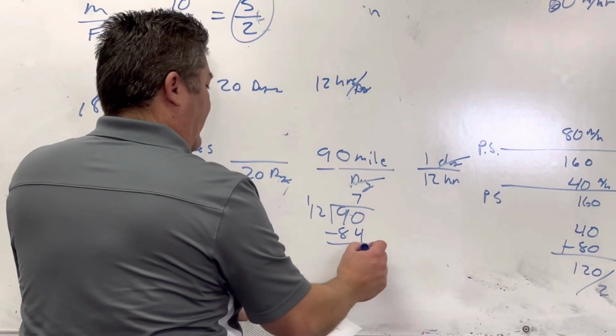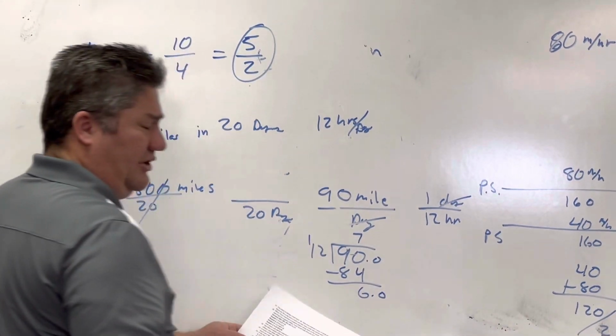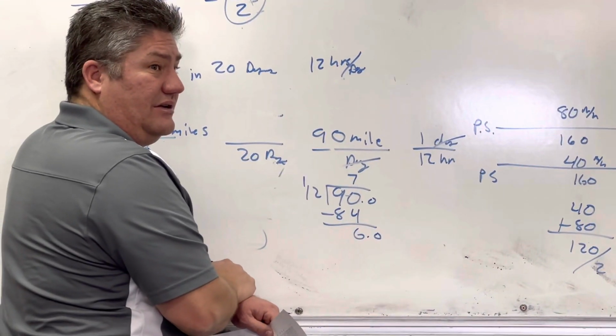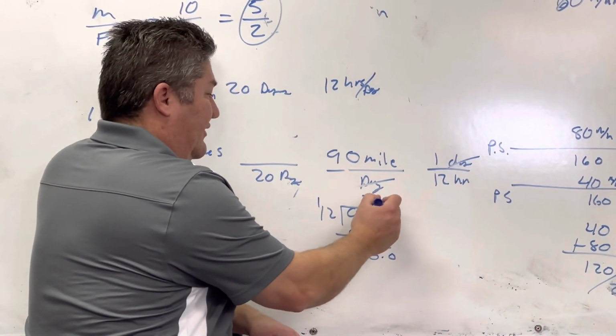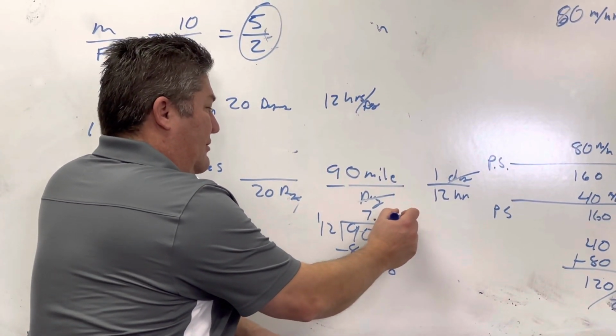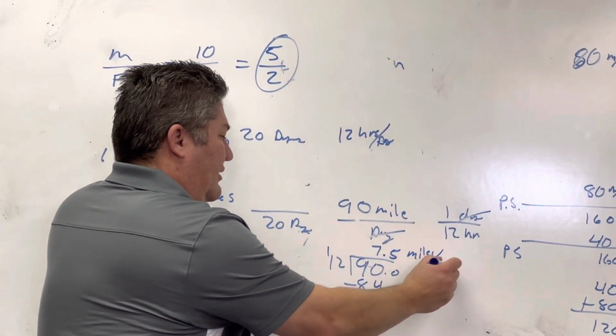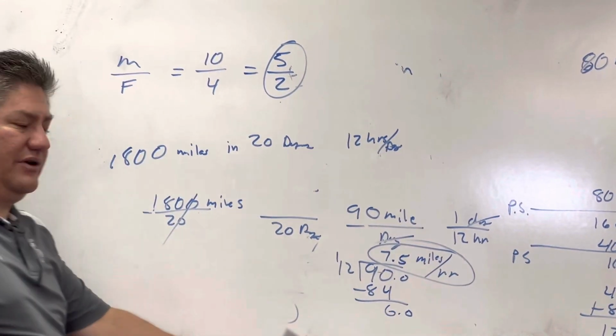And then put a 0. We're going to do 1 decimal place here. How many times will 12 go into 60? 5. So this is going to be 7.5 miles per hour. That's how fast we're going.